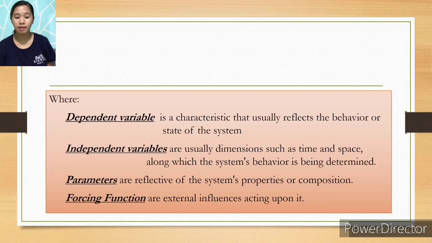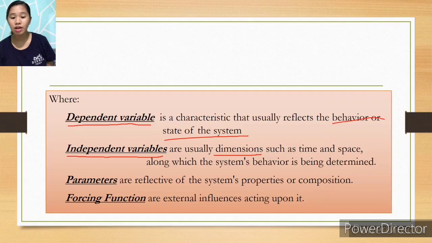The dependent variable is the characteristic that usually reflects the behavior or state of the system. The independent variables are usually dimensions, such as time and space, along which the system behavior is being determined.